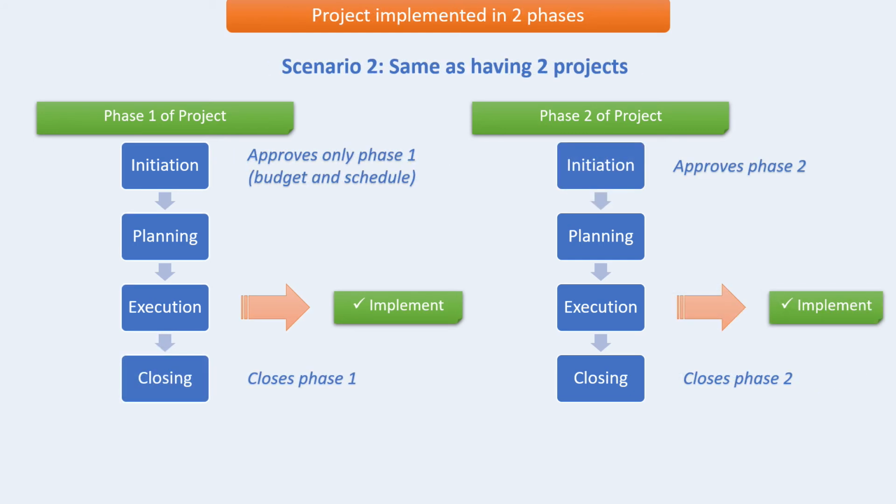So the second way to go about implementing a project in phases leaves the possibility that potentially we will not be doing phase two, or at least not in the near future. It is like having two projects in a way that we have to go through the full 4 project management phases for each phase of the project. You need to get approval for phase two as well as you did for phase one.